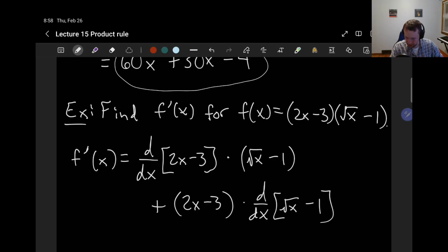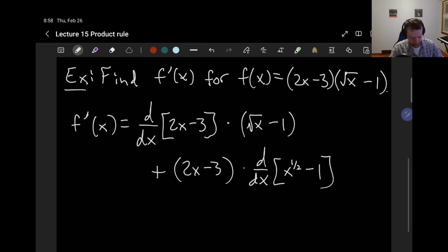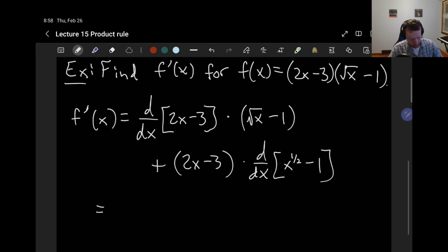And I might change that part now just slightly to make life easier. Same thing. X to the 1/2 is the square root, but this will be easier for taking the derivative. So derivative of 2x minus 3 is just 2. It's like the slope of a line.